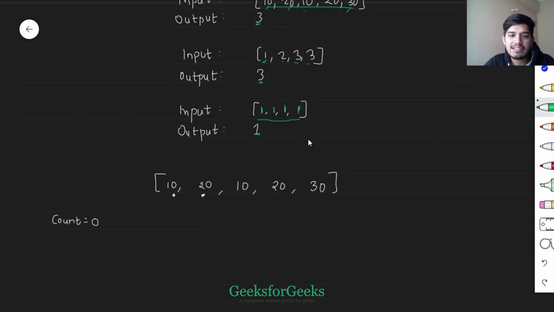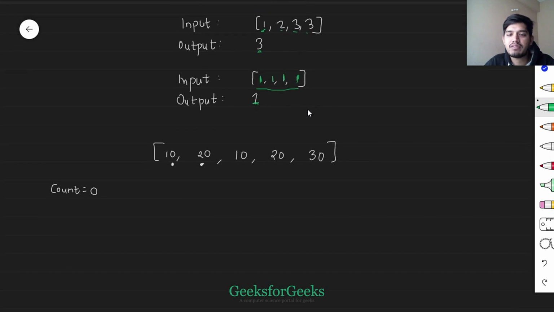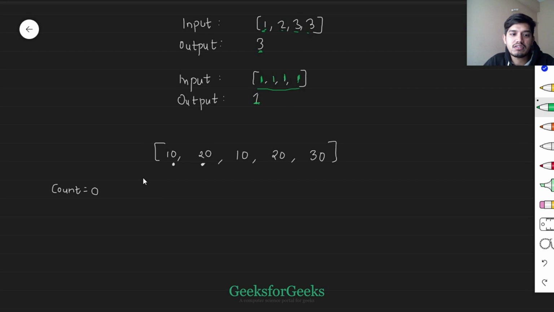I will explain the basic idea, and the other part you have to code by yourself. So let us discuss the basic idea of how we can approach. For example, this is an array in which we have values like 10, 20, 10, 20 and 30. First we take a counter variable and declare it as int count equal to 0.